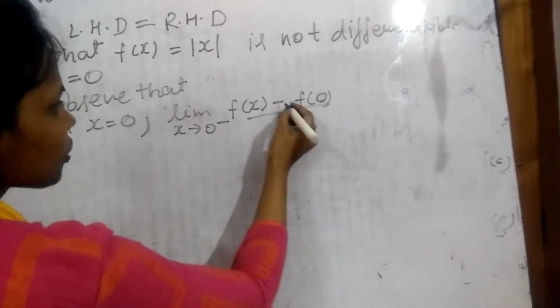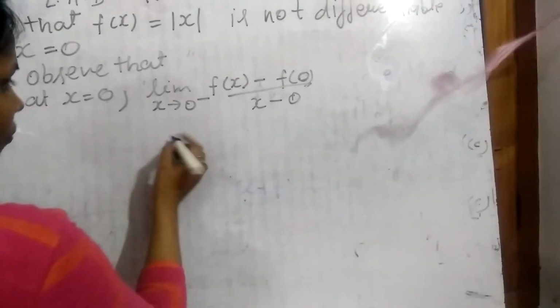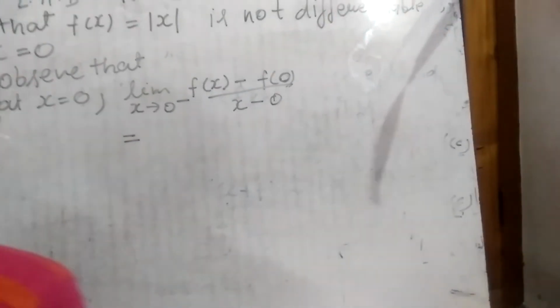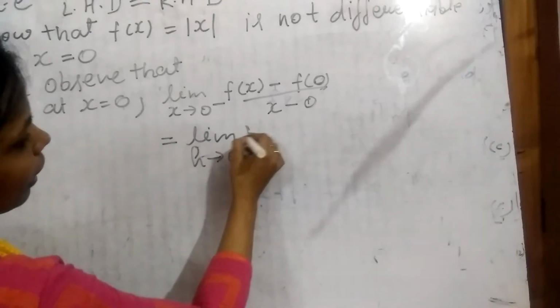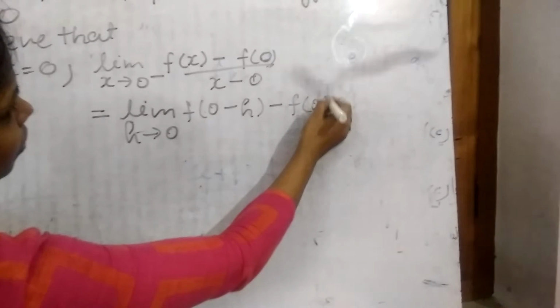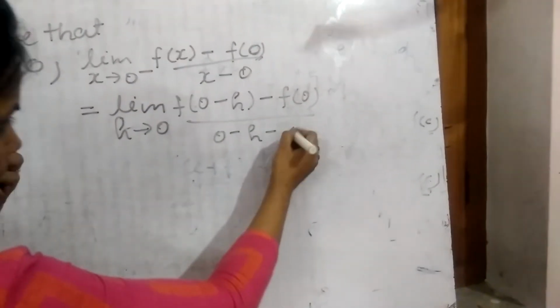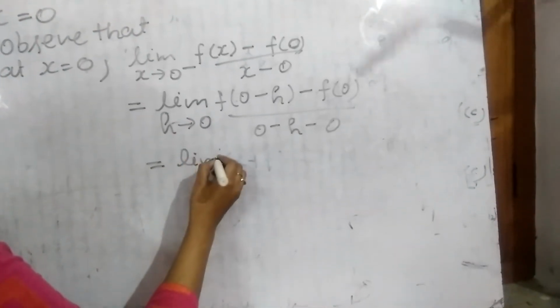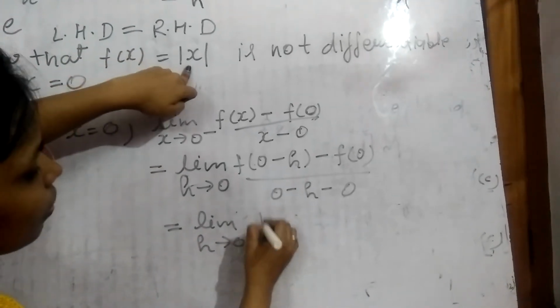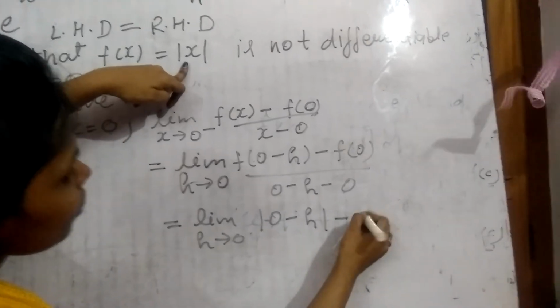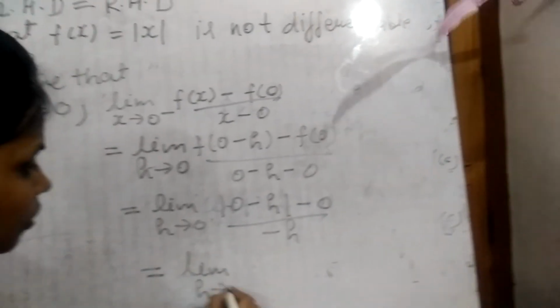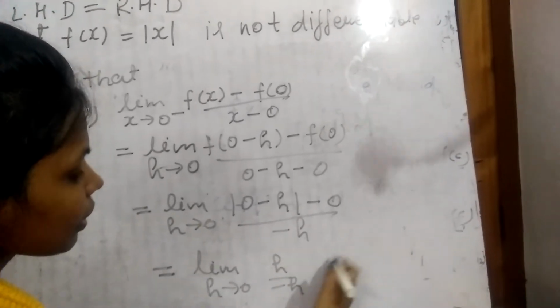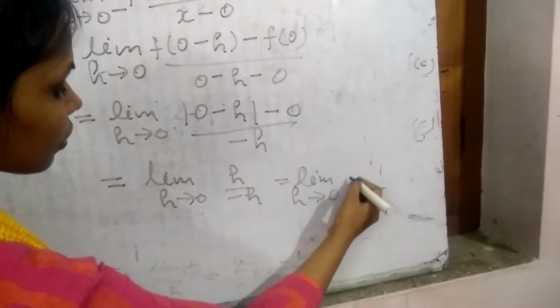For the left hand limit, the value of x is 0 - h, so the limit as h tends to 0 of (f(0 - h) - f(0)) upon (0 - h - 0) is equal to the limit of (|0 - h| - 0) upon (-h), which is the limit of h upon (-h), which is equal to the limit as h tends to 0 of -1.